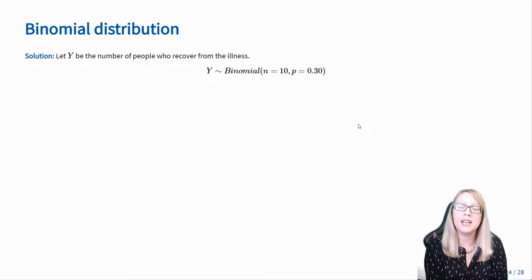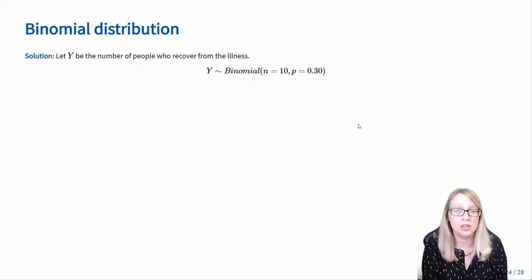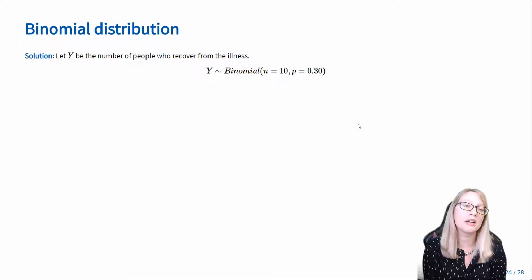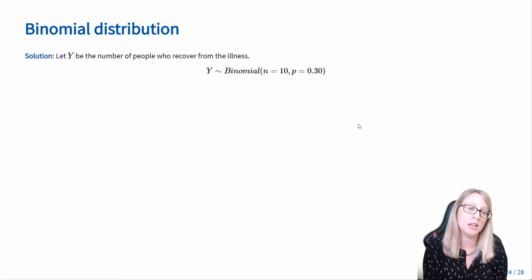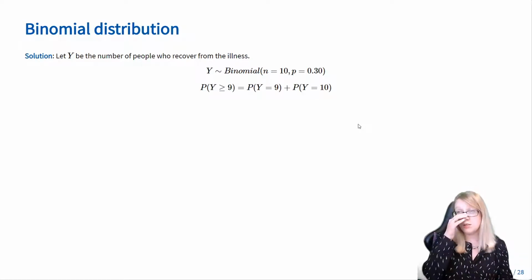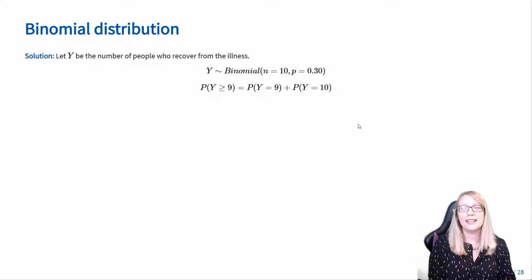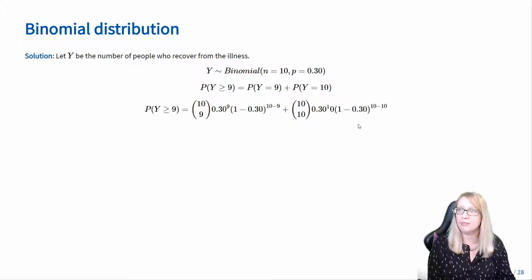So we'll let Y be the number of people who recover from the illness. Y is a binomial distribution. There are 10 people who have the illness that we're studying. We're assuming that the medication doesn't work, which would mean that the probability of recovery is 0.3. So the probability that Y is at least 9 is the probability that Y is equal to 9 plus the probability that Y is equal to 10.